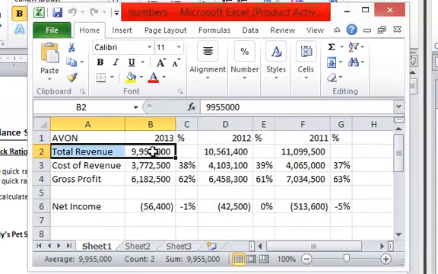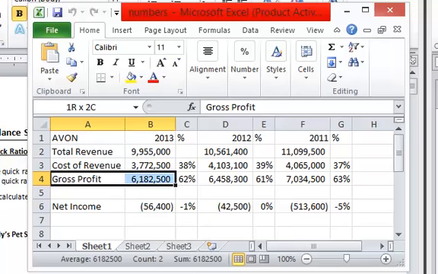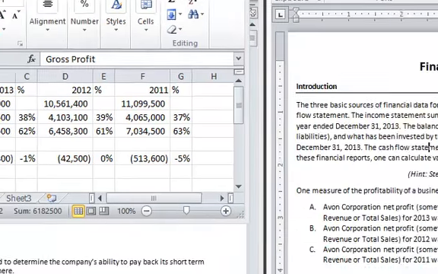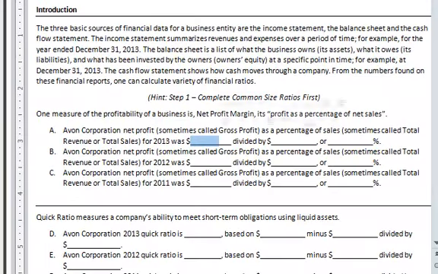So that's what percentage of the total revenue is net profit, also called gross profit. So we take 6,182,500 divided by 9,955,000, and we get 62%.